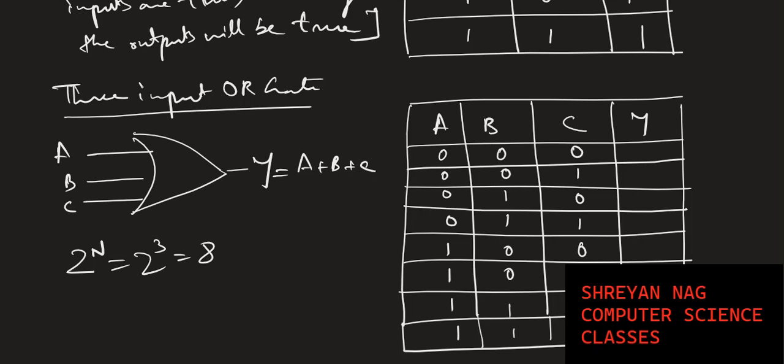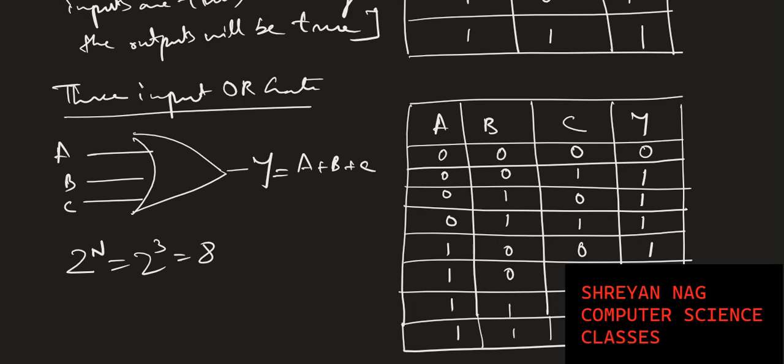First 0 1 0 1 0 1 0 1, then 0 0 1 1 0 0 1 1, then 4 zeros and 4 ones. So 0 plus 0 is 0, 0 plus 1 is 1, 1 plus 0 is 1. So in this way we will continue writing like this.